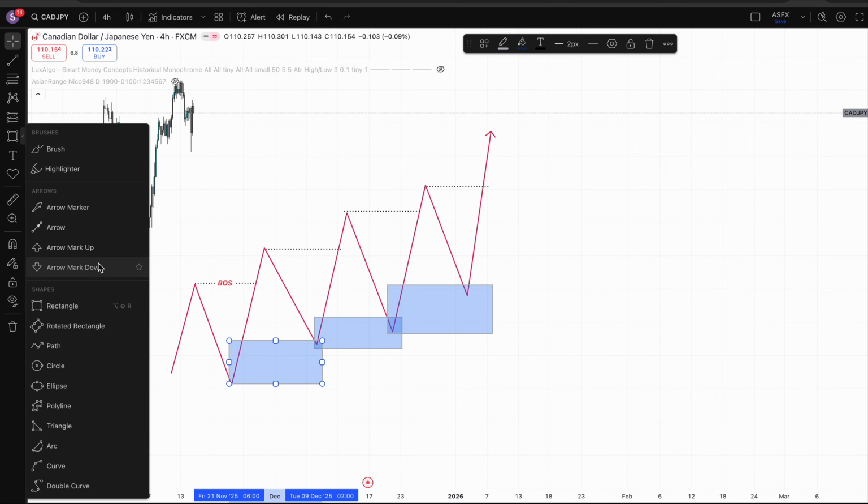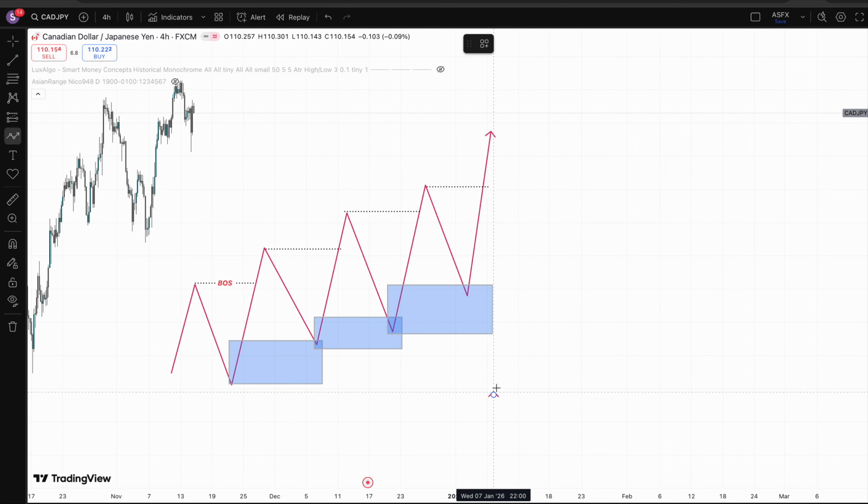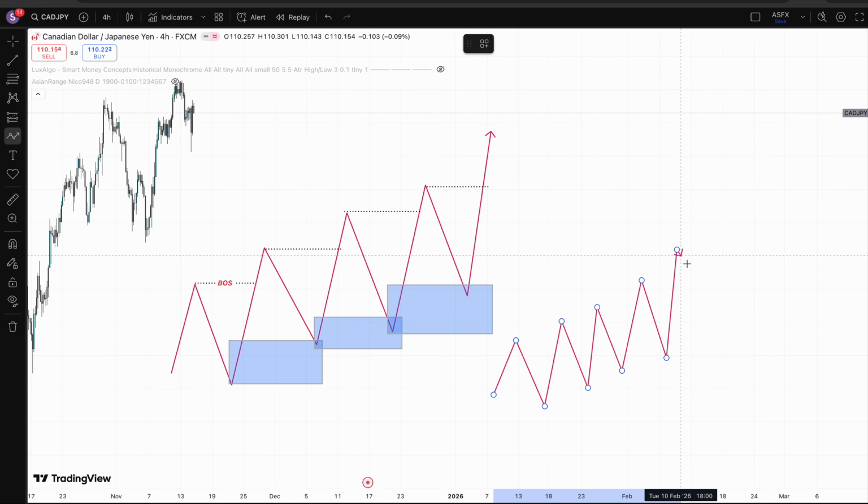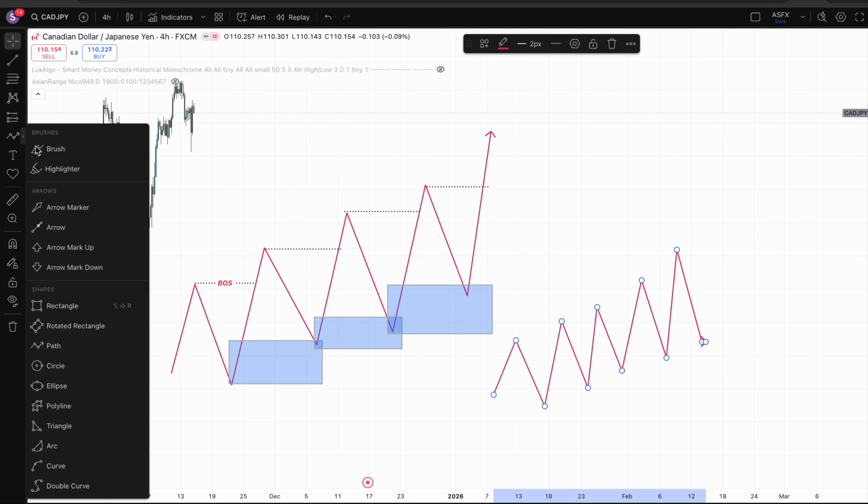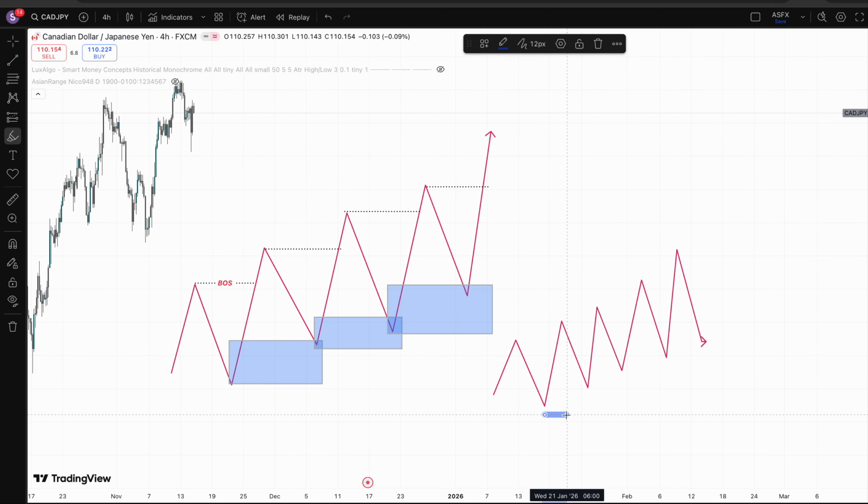The market is going to do something like this whenever there's a break of structure. The market will not just come back. Imagine if it was that easy, everyone would just buy here, buy here, buy here.